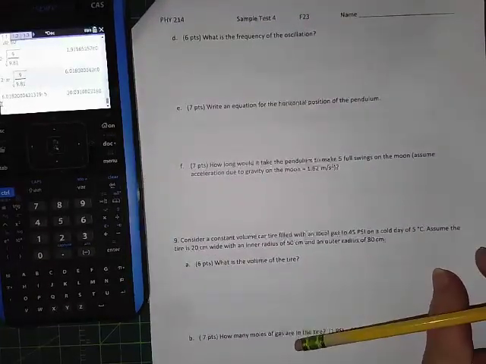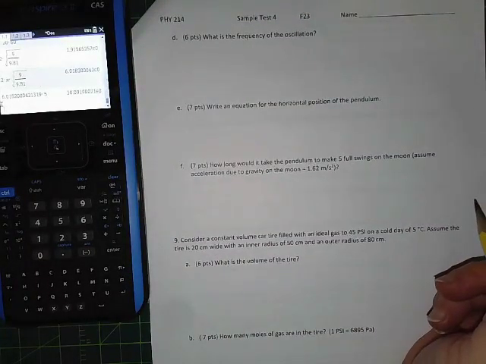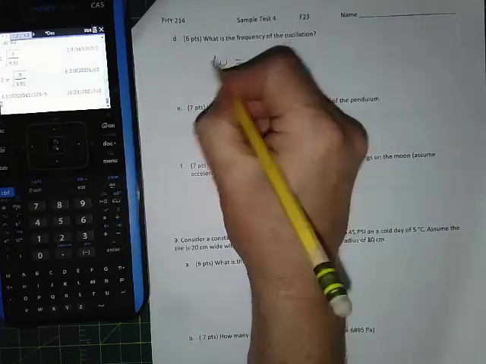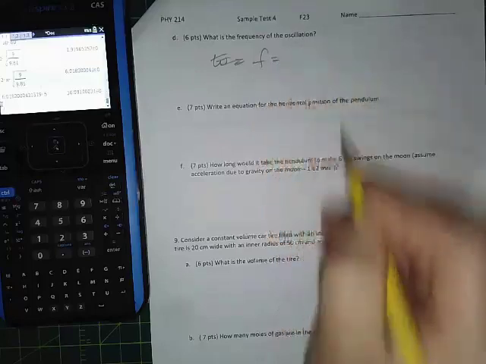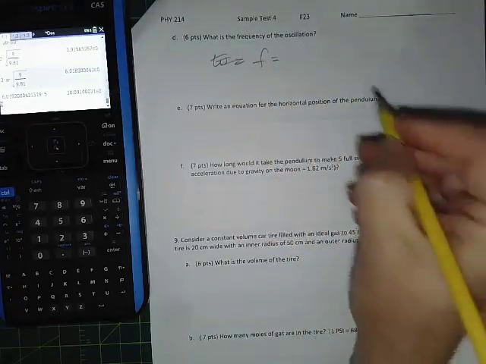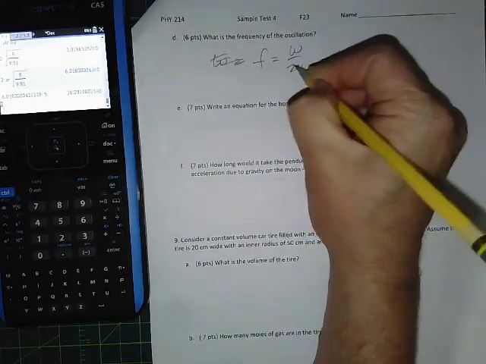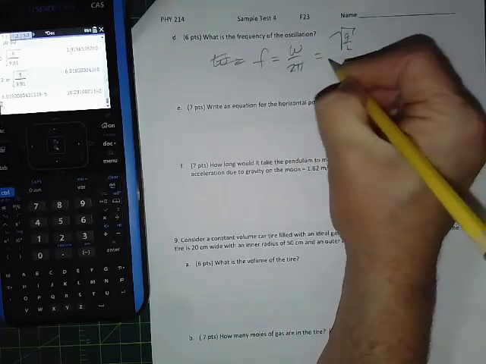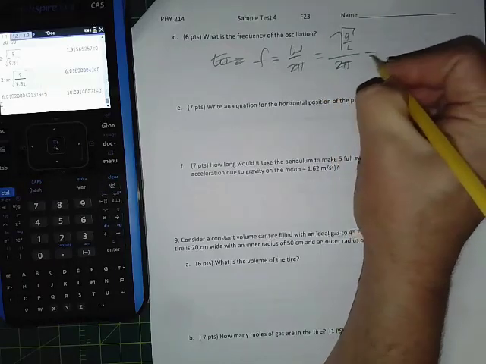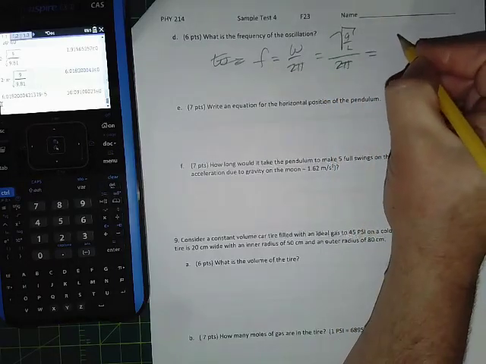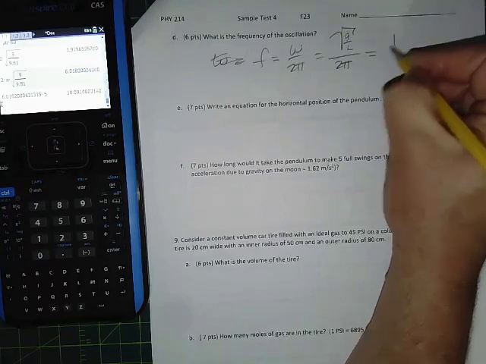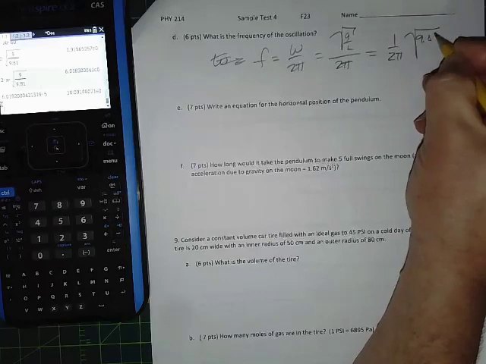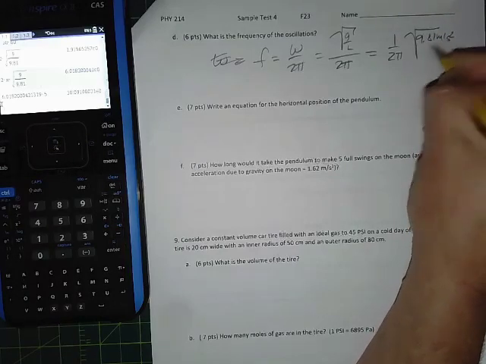Part D. What is the frequency of the oscillation? Omega, f is omega over 2 pi. Omega is the square root of G over L. It's from our equations. And so we got 1 over 2 pi square root of 9.81 meters per second squared over 9 meters.